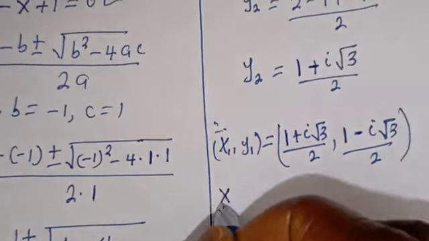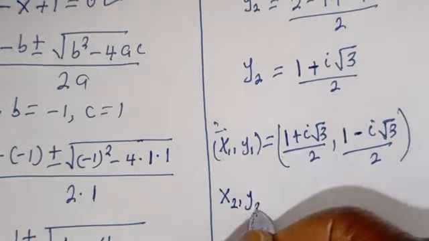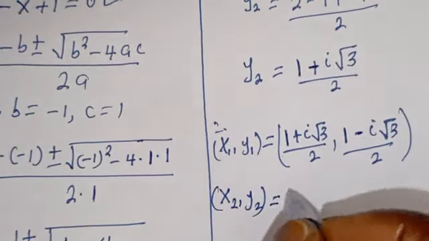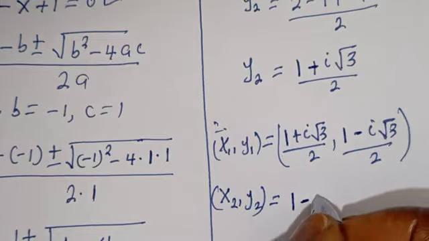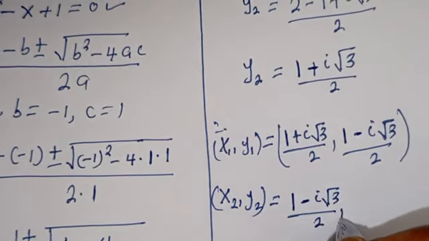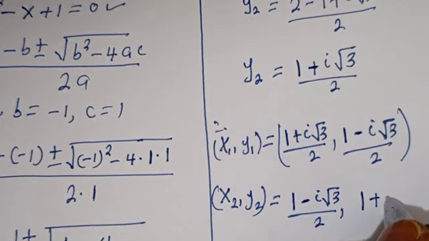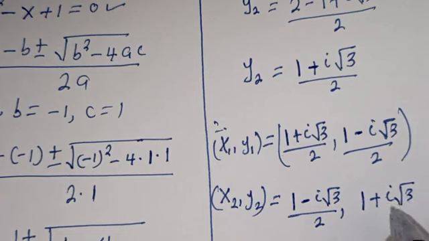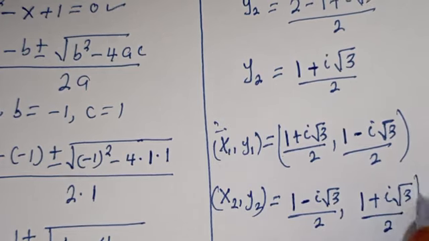Then x2, y2 is equal to 1 minus i square root of 3 divided by 2, 1 plus i root 3 divided by 2.